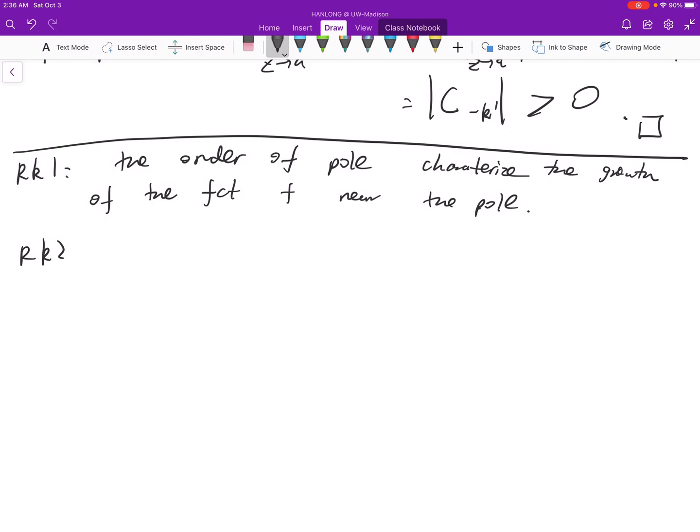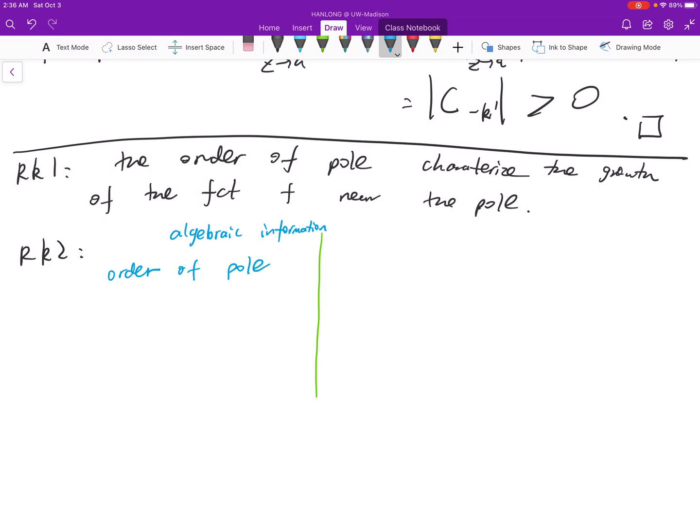And the remark 2, so here you see we related two different properties together. On one side, you have the algebraic information, the order of pole.